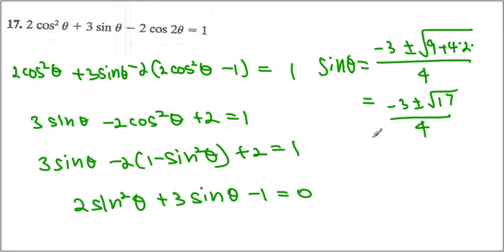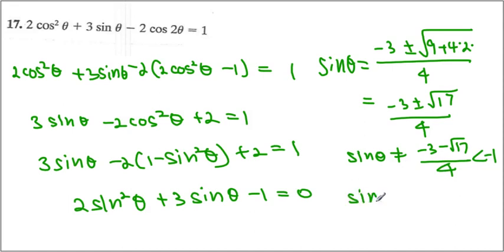Now, sine cannot be negative 3 minus square root of 17 over 4, because this will be less than negative 1. So that's not possible. The only thing that's possible is sine theta equal to negative 3 plus square root of 17 over 4. Let's try to figure that out.